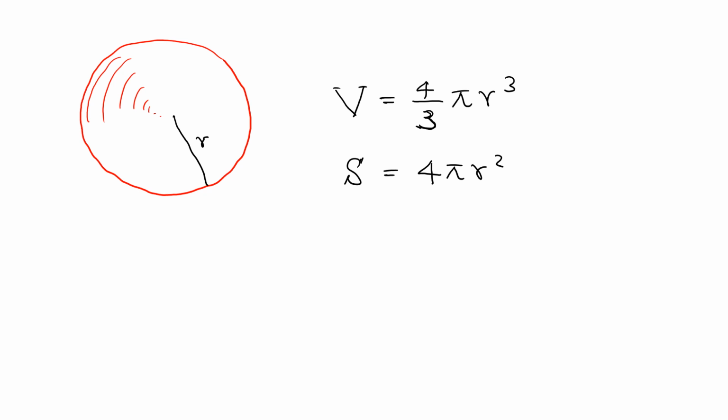So let's look at the next one. Next, we have a cylinder. So for a cylinder, we need two pieces of information. One is the radius. We need the base radius, and then we also need the height. If you know those two, we can write the volume first.